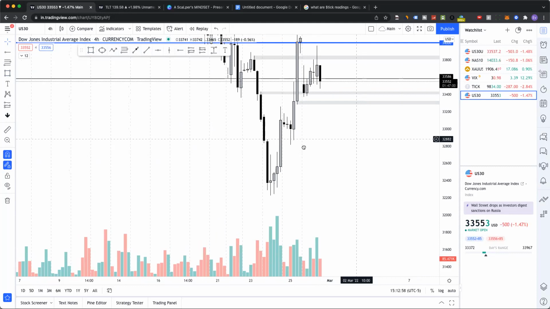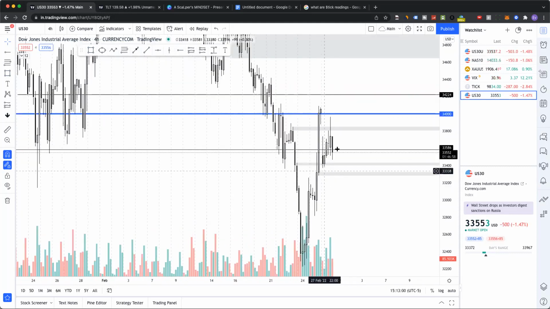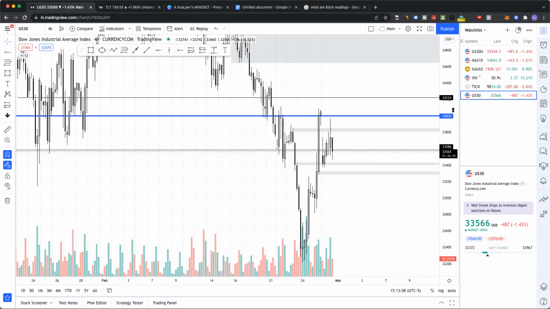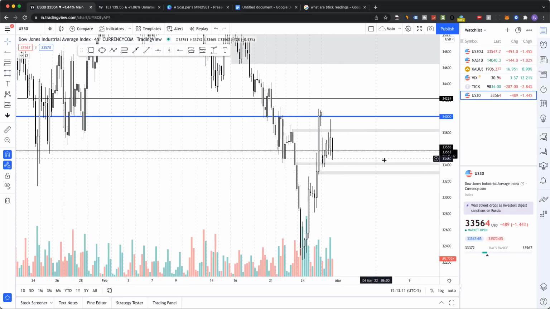So there's several ways to go about the DM levels. The first way is you look for your setup and then you find your DM level in confluence with that setup. Or you can mark them first and then, as price is trading in there, you can look for the reaction and take a trade.